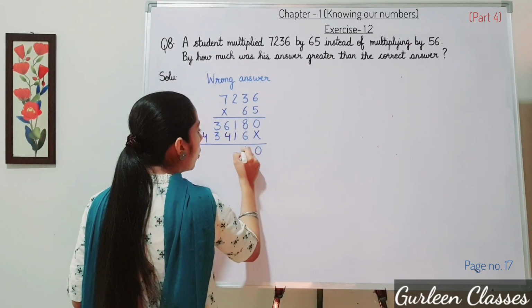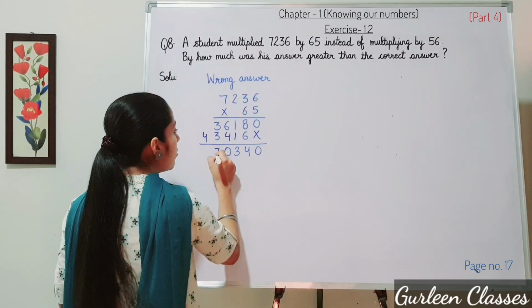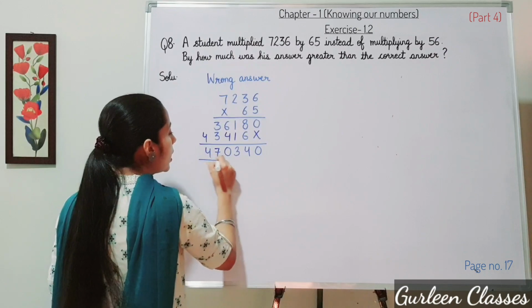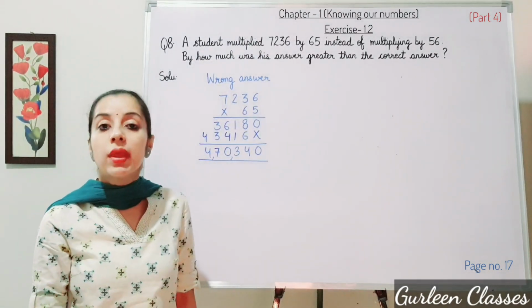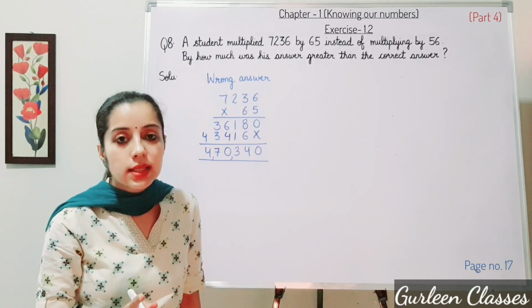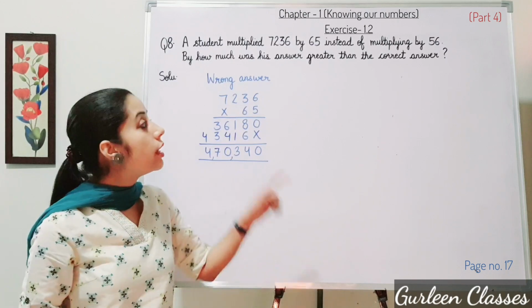So the answer is coming 4,70,340. But this is the wrong answer as he has multiplied by 65 instead of 56.